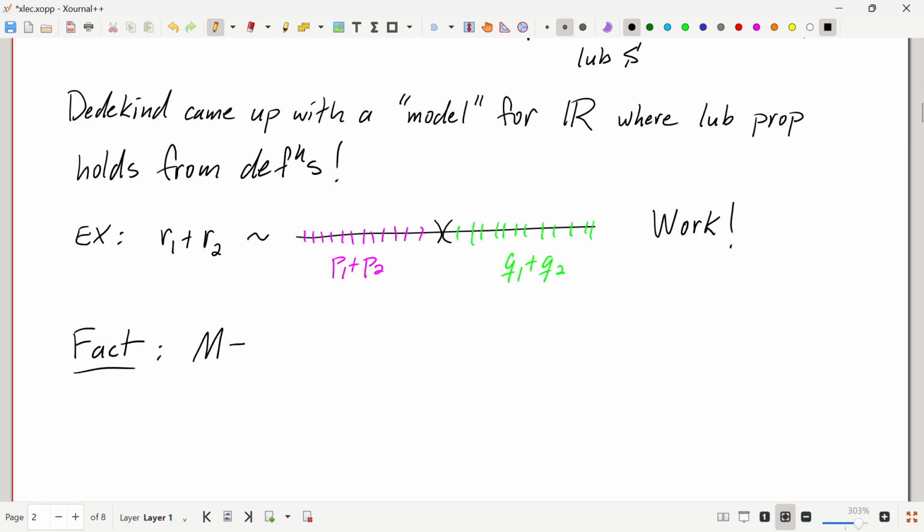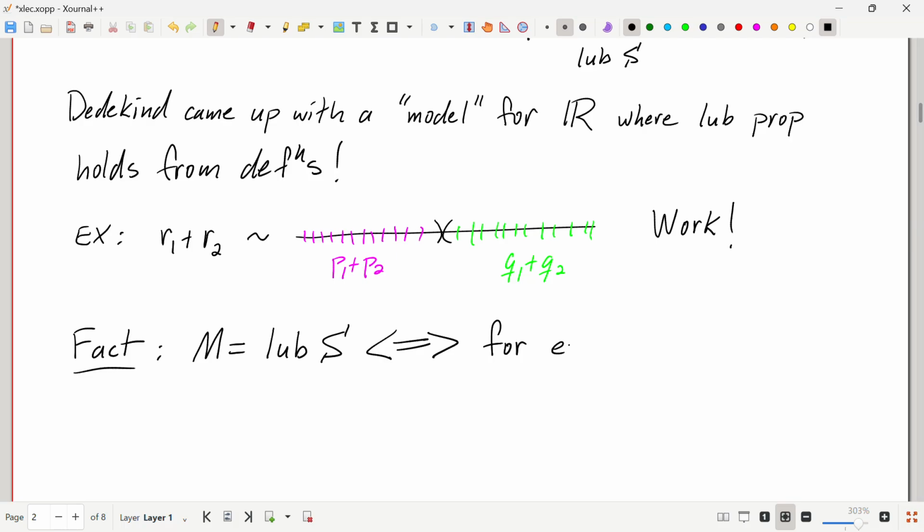M is equal to the least upper bound of S if and only if, it's kind of like an epsilon delta version of what it means to be a least upper bound.